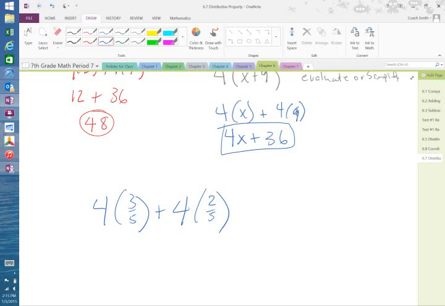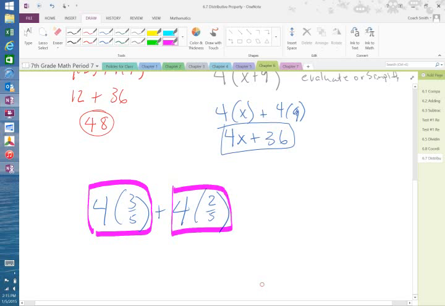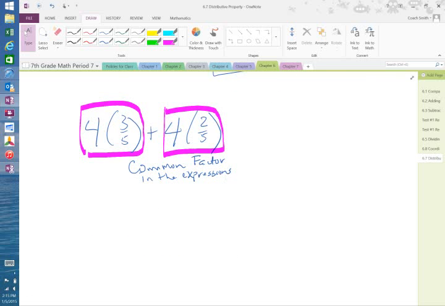Okay? In those two expressions, I have an expression here, and I have an expression here. What is the common factor in those expressions? Okay, what is the common factor in those two expressions, Jacob?